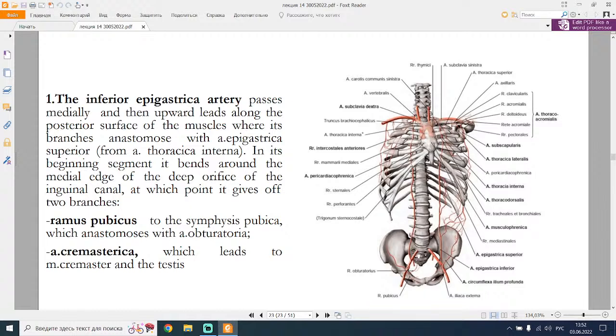This is arteria iliaca externa. It gives rise to arteria epigastrica inferior.